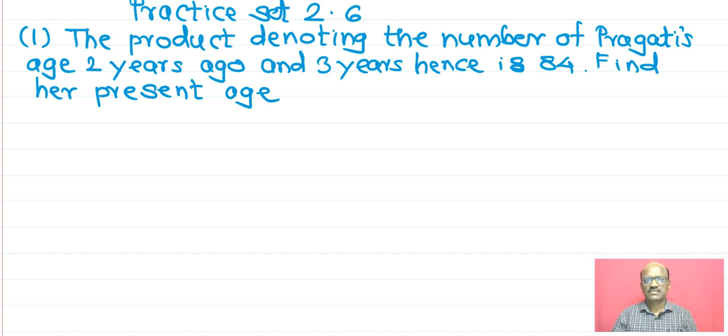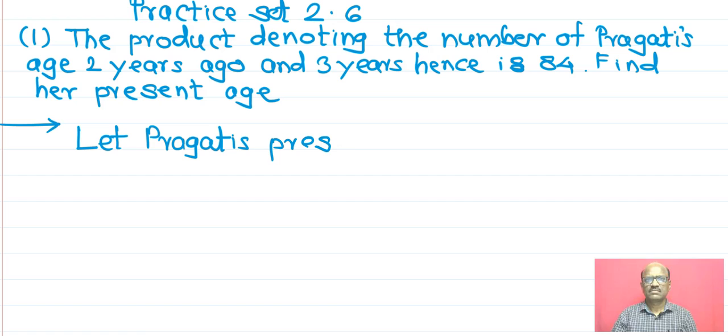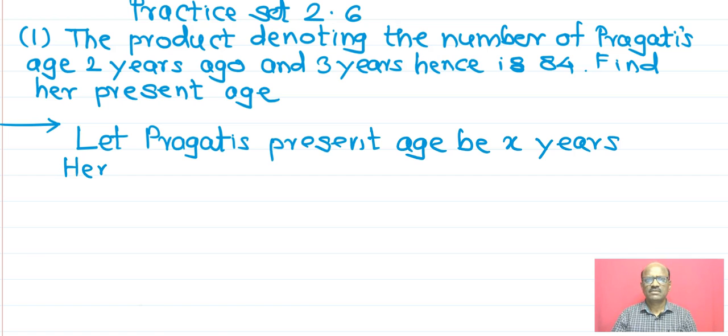Therefore, her age 2 years ago means what? x minus 2.